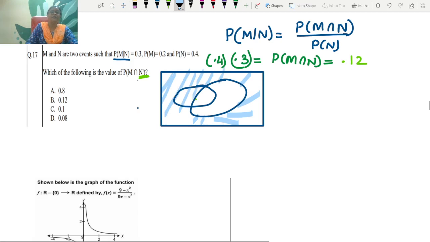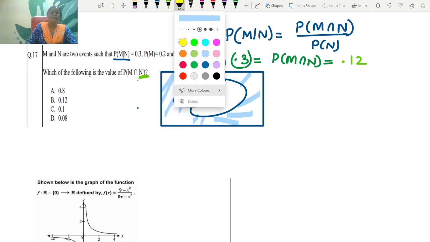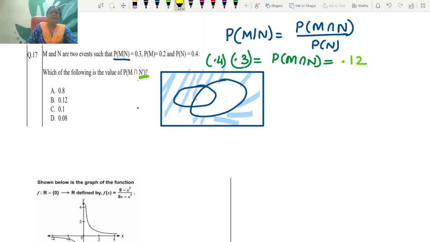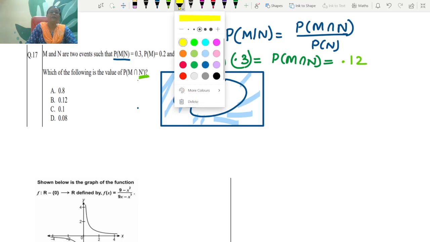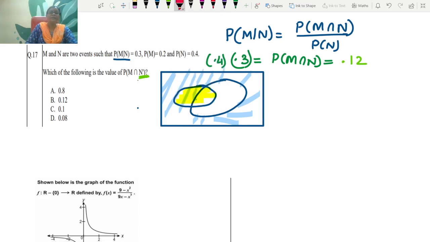And its intersection with M. M is this set. So which is the common region that you find? The region that you have is this particular region, isn't it? So how do we get the answer? Let me mark this as some quantity. It is probability of x you are finding.